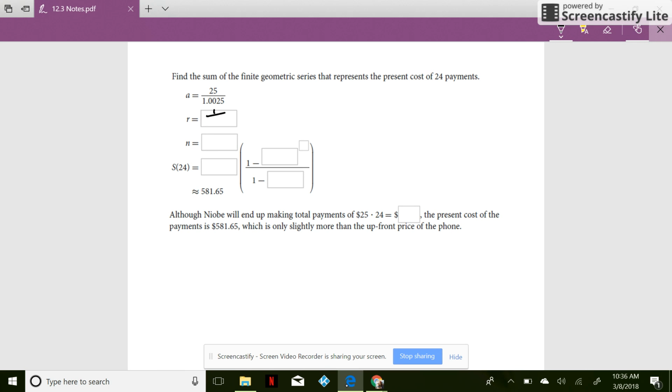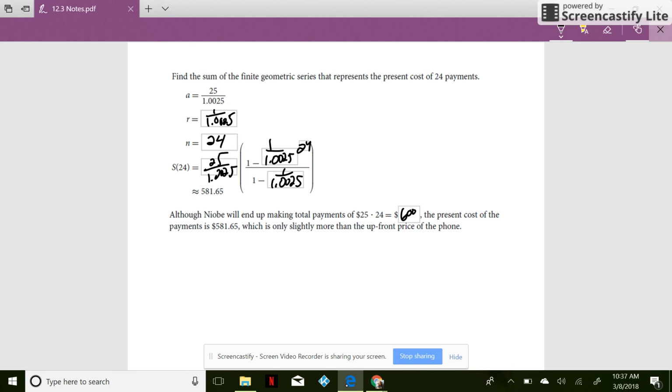Our rate is 1 over 1.0025, and it's over 24 months. So plugging in the values, it's to the 24th over 1.0025.